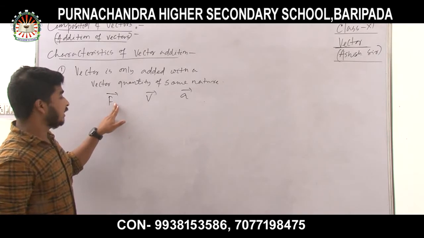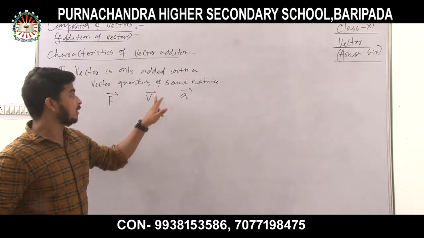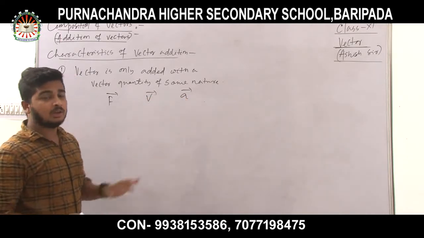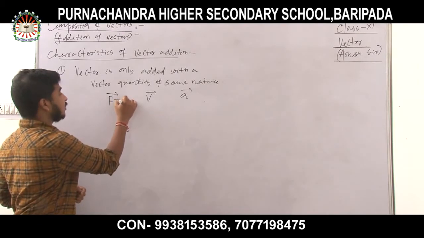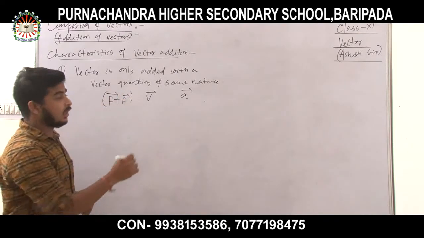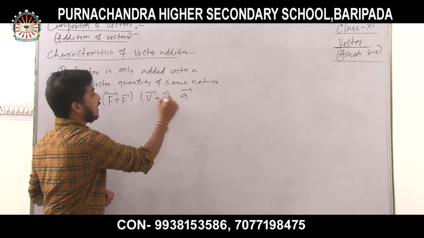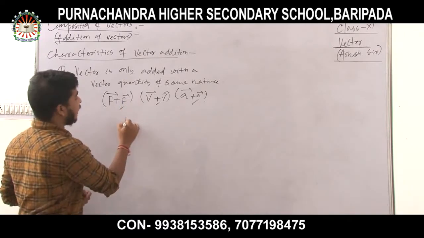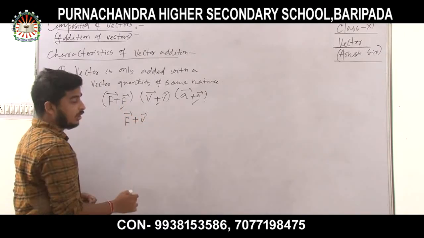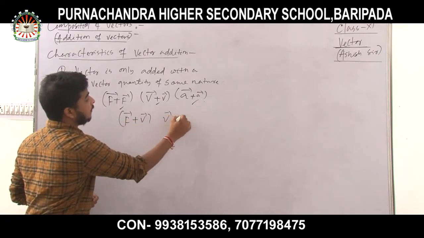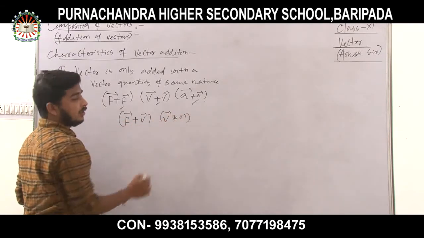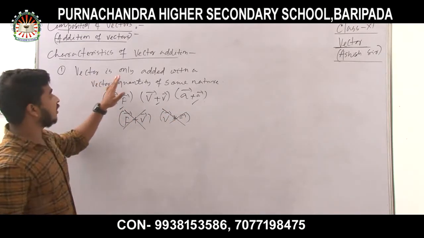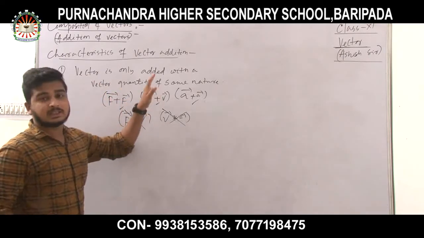But force is a different nature from velocity, and velocity is different from acceleration. So you only add a force with a force vector, velocity with a velocity vector, acceleration with an acceleration vector. You just can't add a force vector with a velocity vector, or a velocity vector with an acceleration vector. So here I have written: a vector is only added with a vector quantity of the same nature.